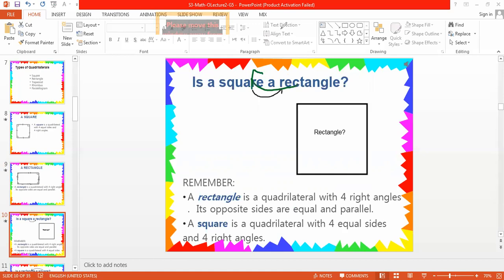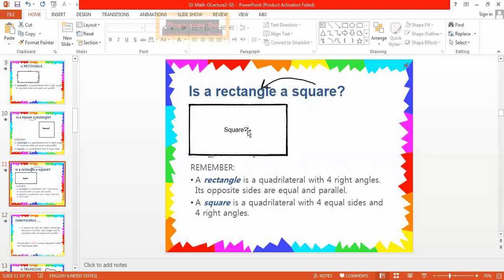Then we explained why a rectangle is not a square: because the square has three properties that are not all found in the rectangle, right? So is this clear, guys? Yes. Let us continue.